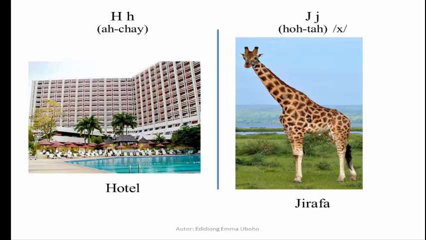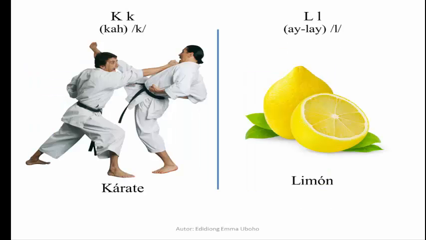The Spanish J is called jota and is pronounced like an H, such as jirafa. The Spanish K, which is called K, is pronounced as the English K, such as karate.